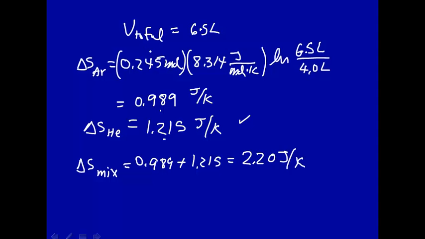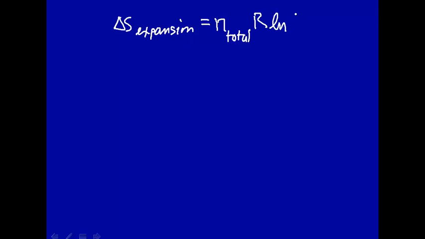Okay, so now for the second stage. Delta S, we're now going to calculate for the expansion. That will just be the number of moles, and now we have a mixture, argon plus helium, so it'll be the total number of moles times R times the natural log of the final volume, which is 20 liter.